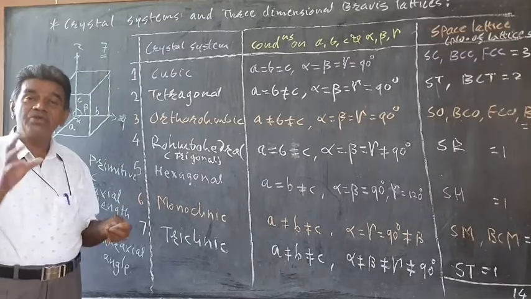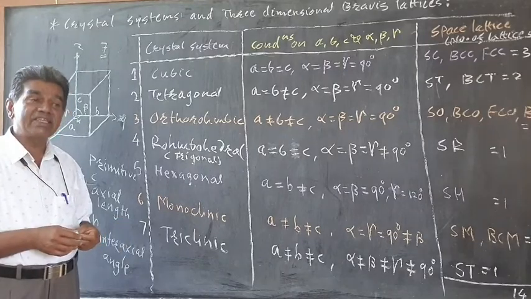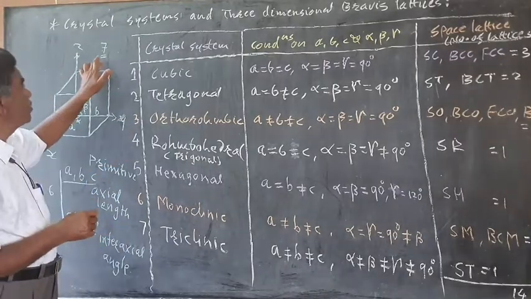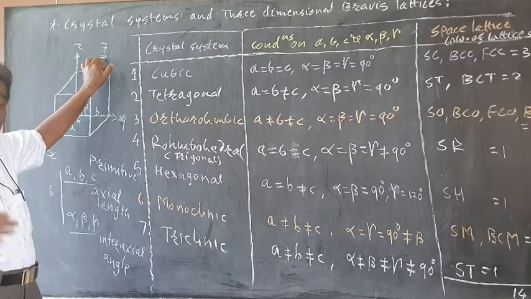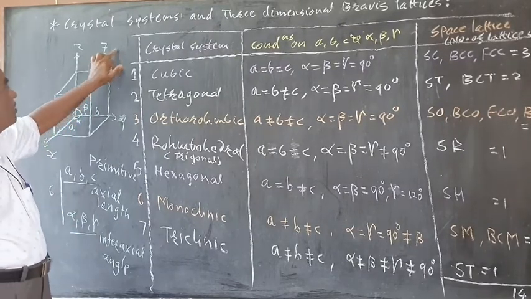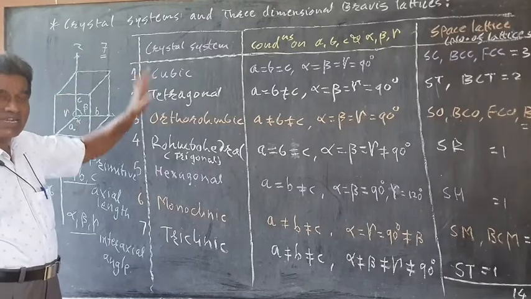So if we have an unknown material, its crystal structure should belong to one of these 7 crystal systems.